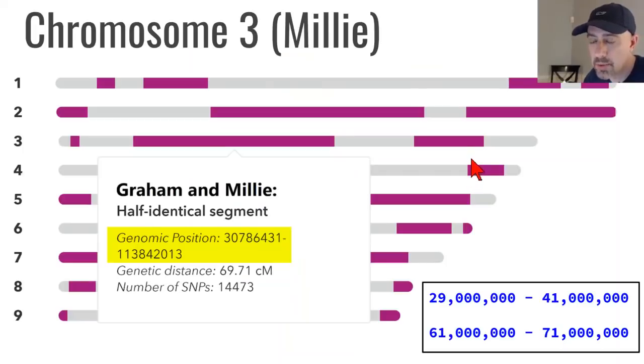We can dig a little deeper and we can see that Graham and Millie share quite a few segments, and in particular we're interested in chromosome 3.